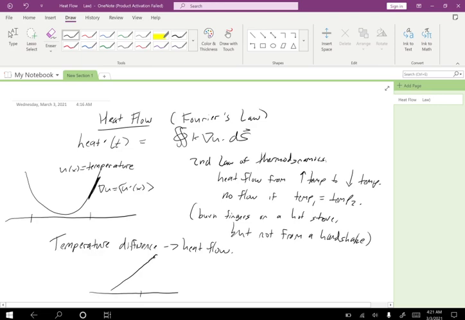So let's call this B, let's call this A. So if U of B is big and U of A is small, there's actually going to be heat flow to the left.